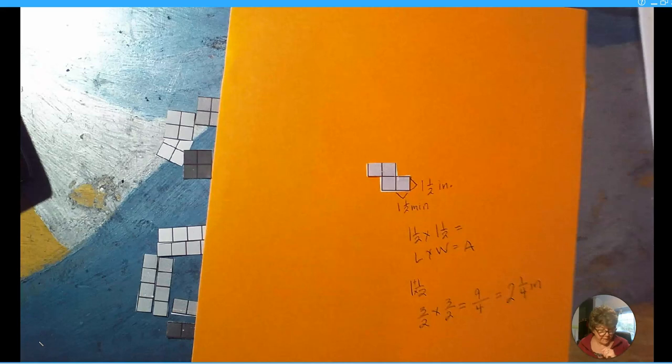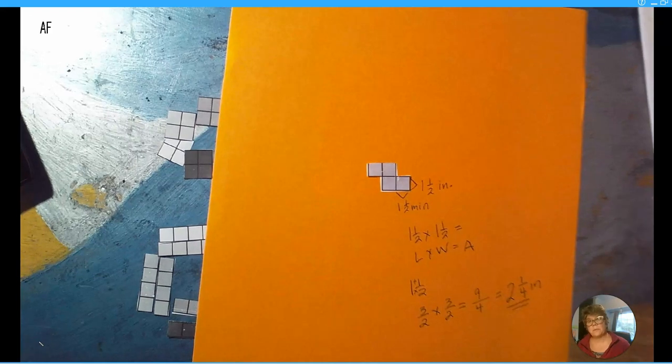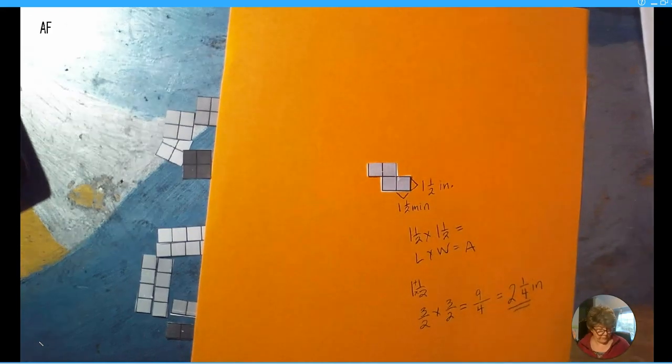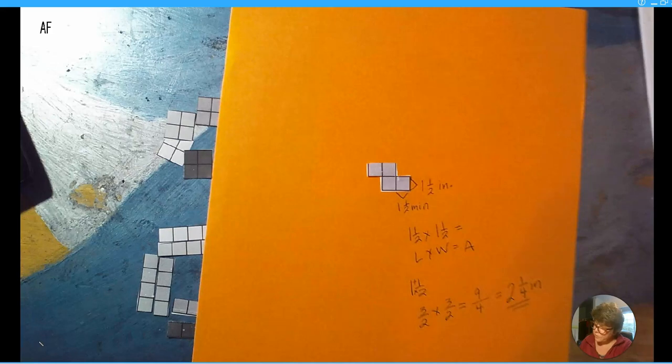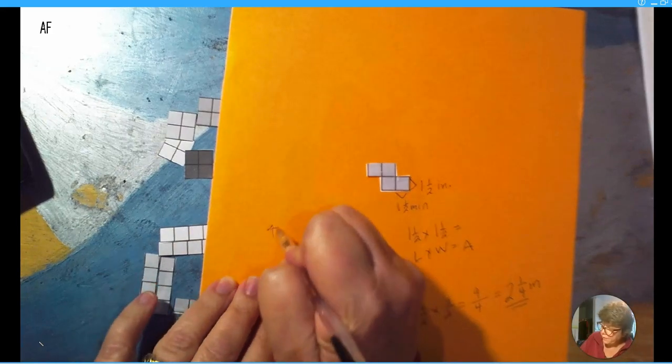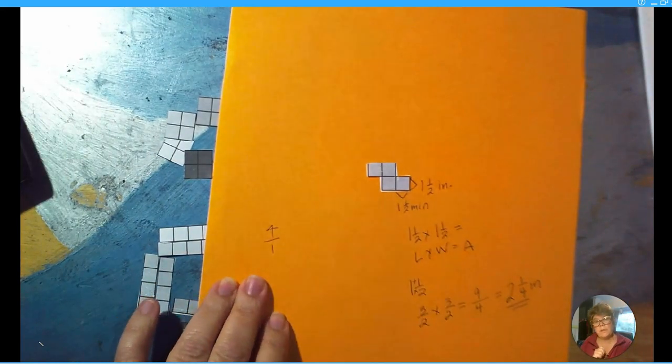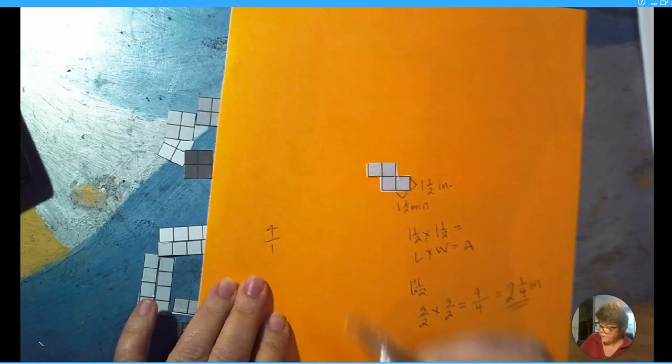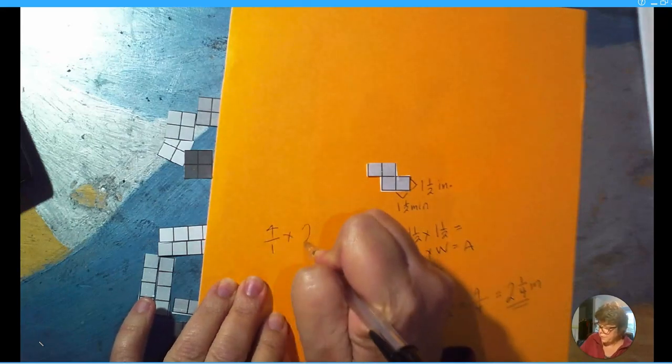All right? Now, how can I find out the area of 4 blocks if I know the area of one of them is 2 and 1/4? Does it make sense to multiply that by 4, right? Okay, so then I have to take 4, and it's a whole number, so I'm going to put it over 1 times 2 and 1/4.